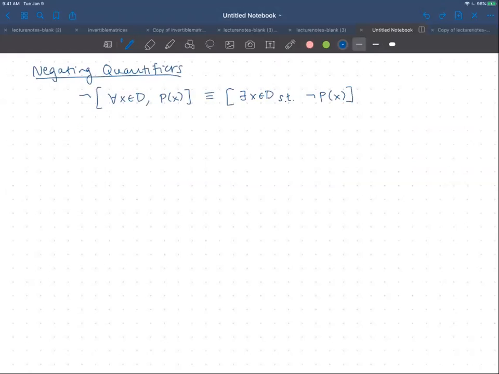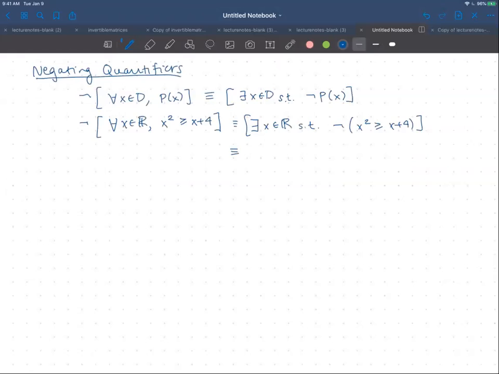If we want to negate something, we could say, it's not the case that for all x in the set of real numbers, x squared is greater than or equal to x plus 4. And that's equivalent to saying there exists an x in the real numbers such that it's not the case that x squared is greater than or equal to x plus 4.